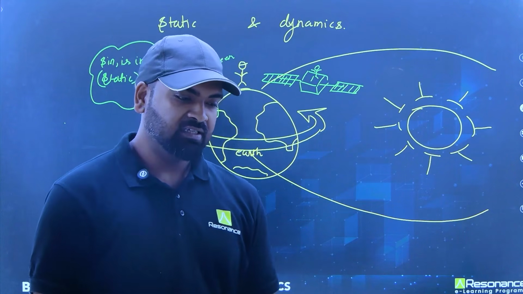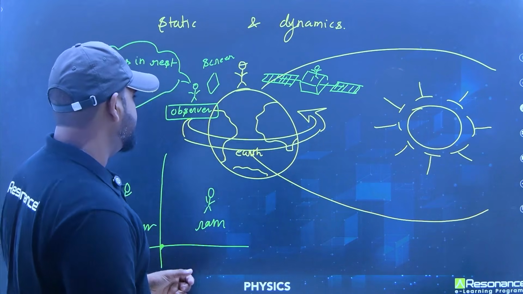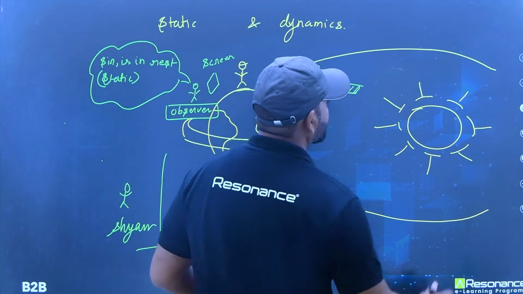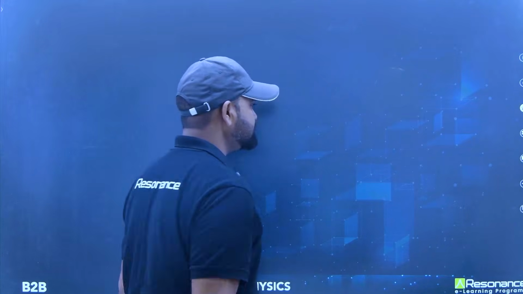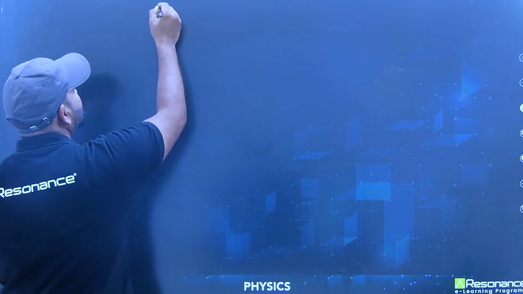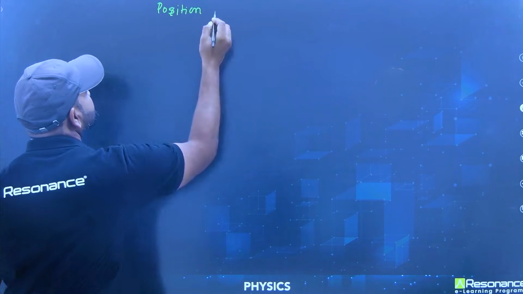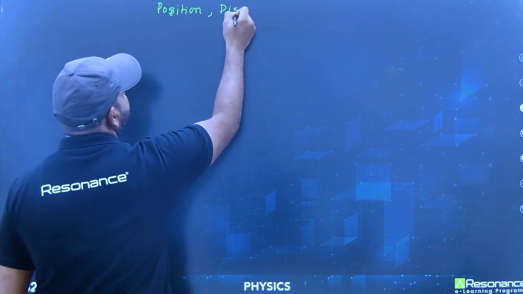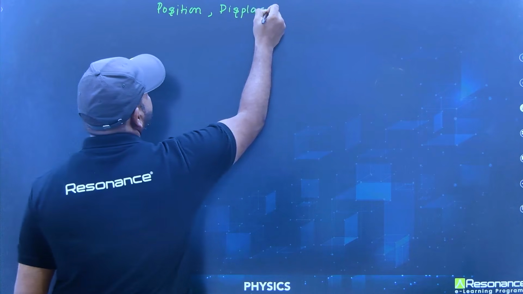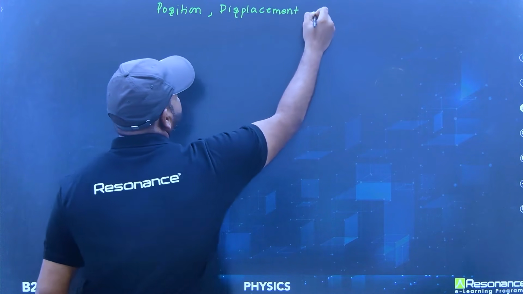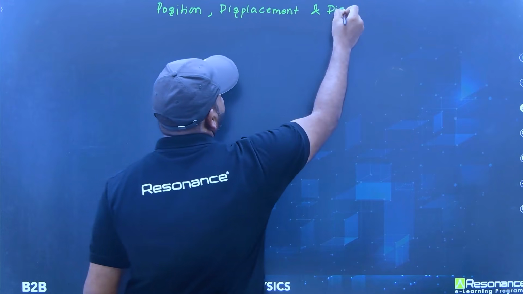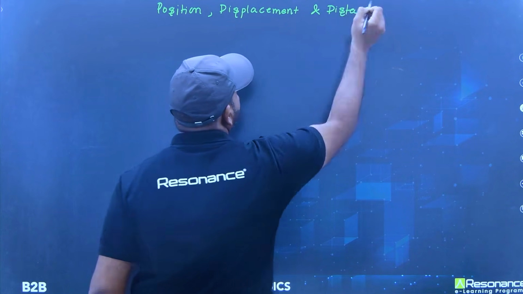The next thing we're going to do in a very basic way is position, displacement, and distance.